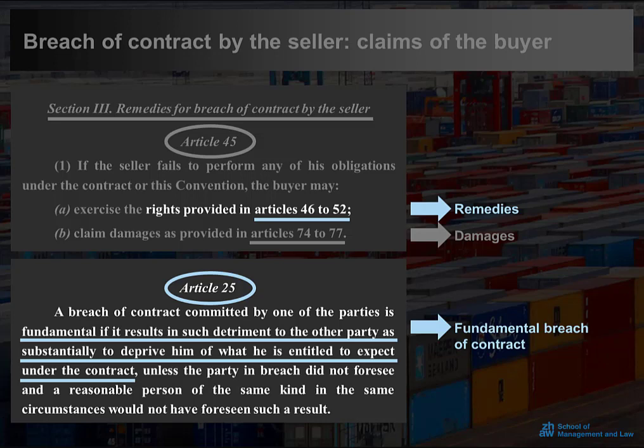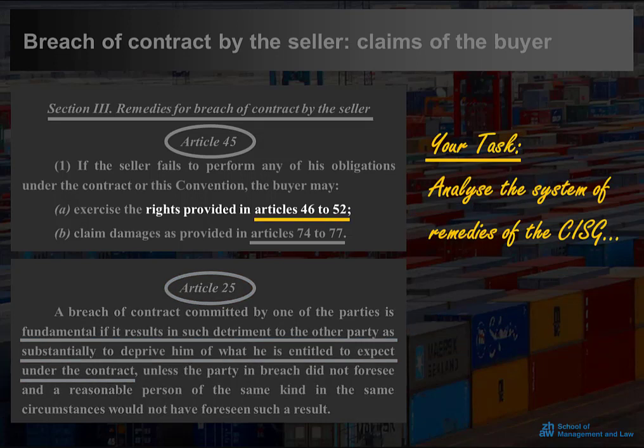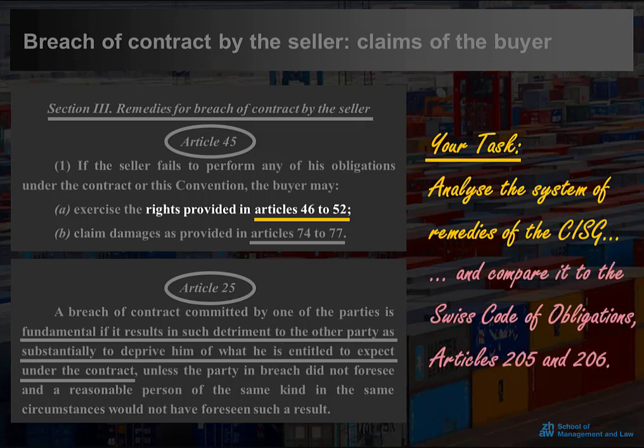At this point, I would like to invite you to analyze the system of remedies specified in Articles 46 to 52 in connection with Article 25, and to compare that system to the remedies provided in Articles 205 and 206 of the Swiss Code of Obligations.